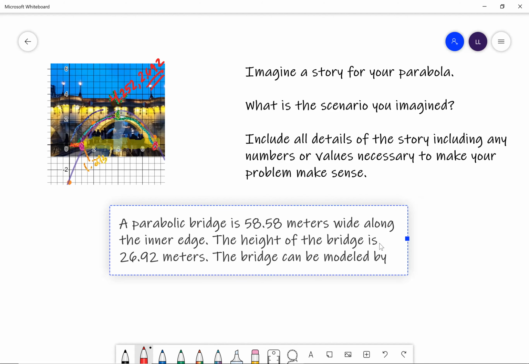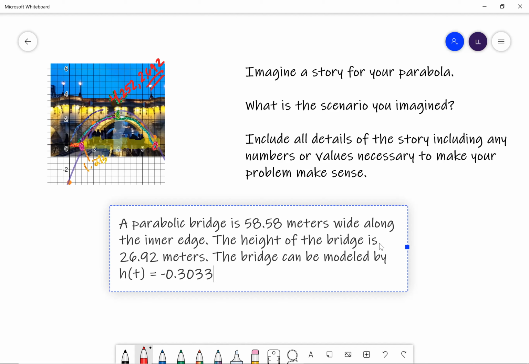I could say by h, I could say h of t equals, and then write our equation. So negative 0.30337 x squared, plus, and the other values you can go ahead and get from Desmos.